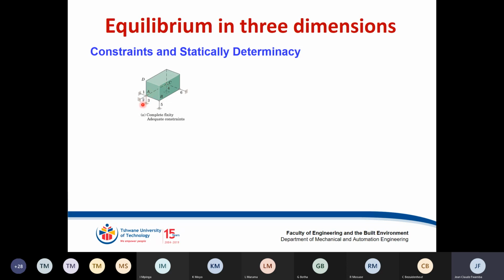I believe it should be good enough to prevent any motion on the X-axis. So now, if you've applied a minimum number of restrictions to keep your body in equilibrium, to avoid any motion, your system will be regarded as statically determinate. In this case, adequate. So the right constraints were put into place. Not too many, but just the right amount, which kept my system in equilibrium, right?